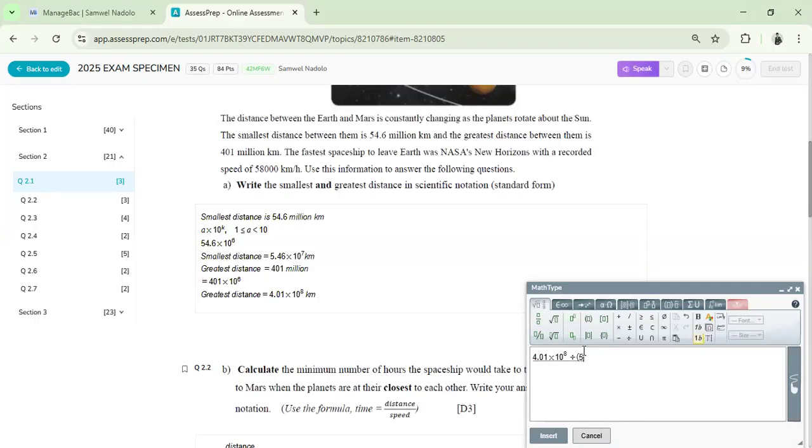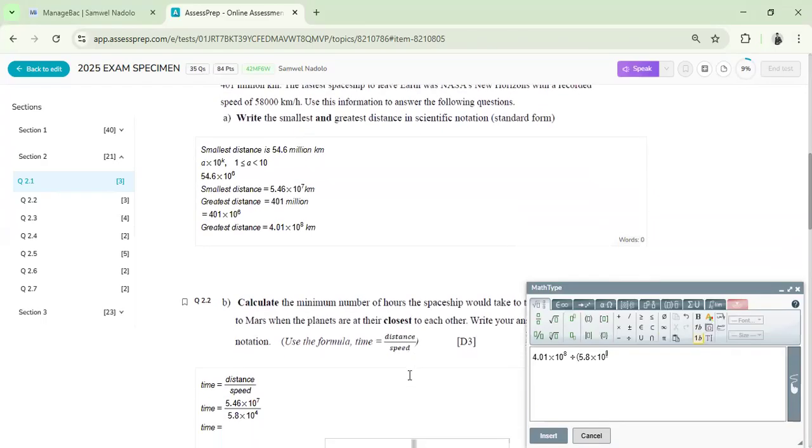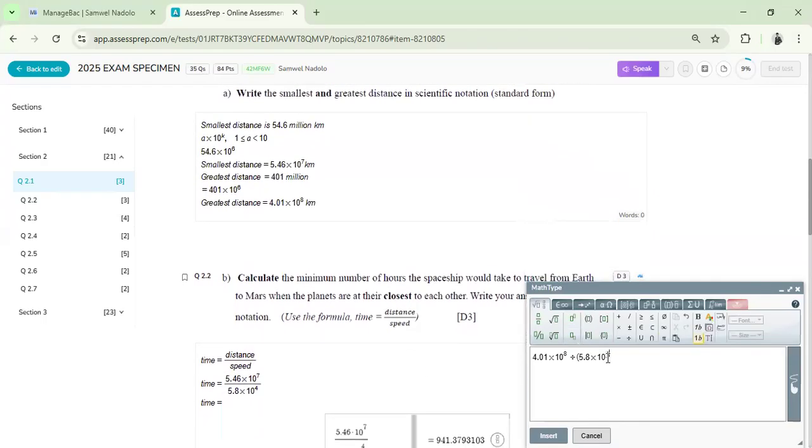Let me use brackets so that my work looks presentable. So 5.8 times 10 raised to 4. Okay, so this is what you are supposed to write. So this one divided by this. You can insert that meanwhile.